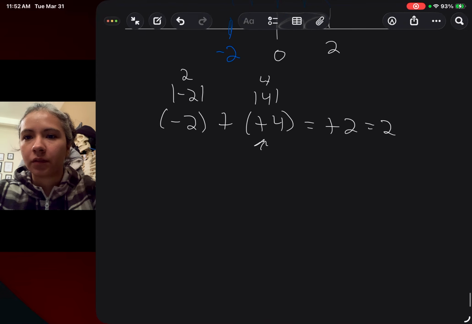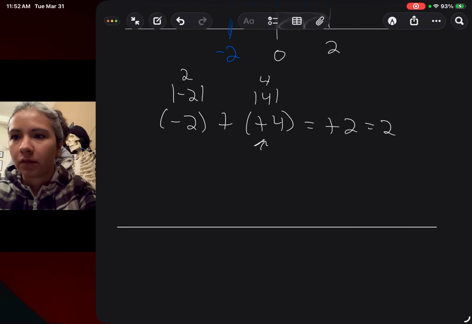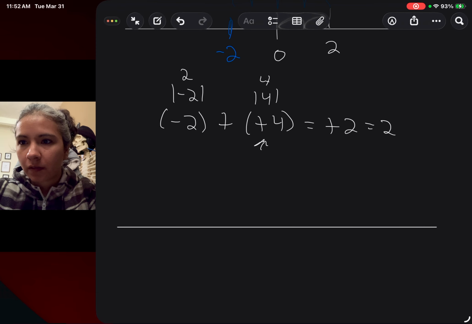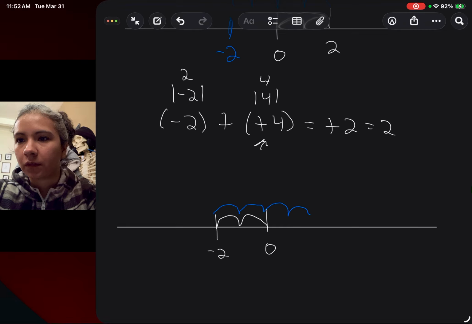Now, let me show you on the number line. So here's negative 2, and then we're going to add 4. 1, 2, 3, 4, which is our positive 2.